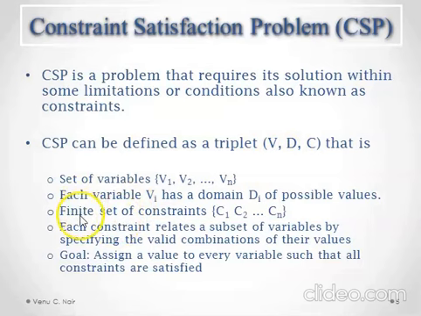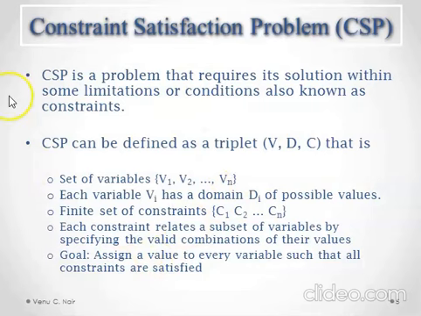Then we must have a finite set of constraints or conditions to be applied on the operations. They are represented as C1, C2, etc. Cn. Each of these constraints relates to these variables, and by specifying valid combinations of these values, we will be applying these conditions for proceeding with the next state or valid state.